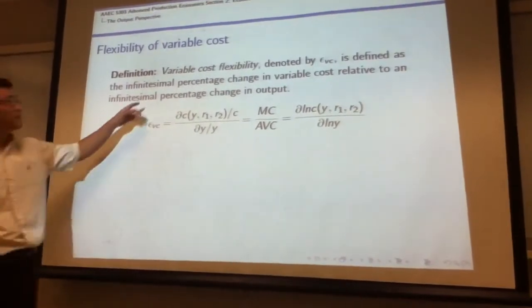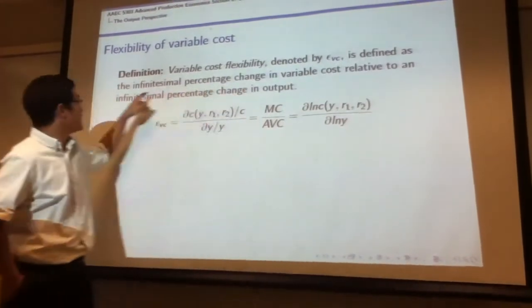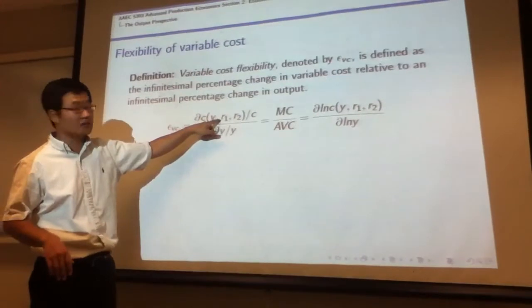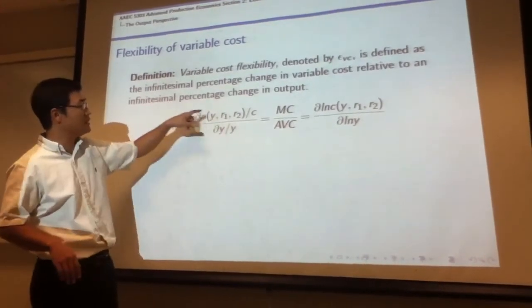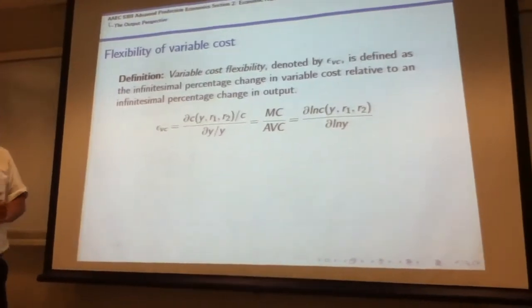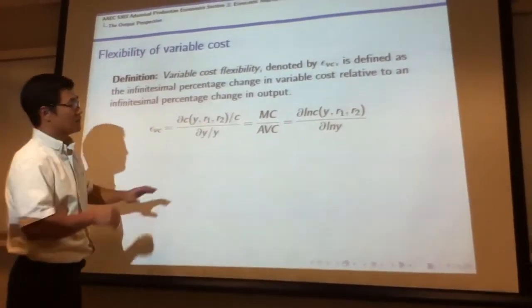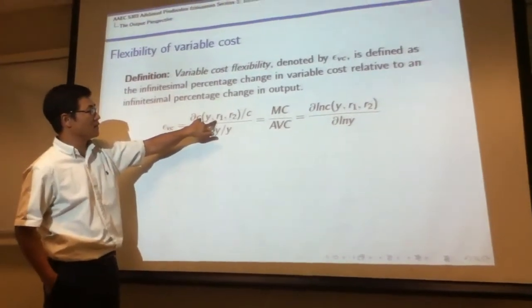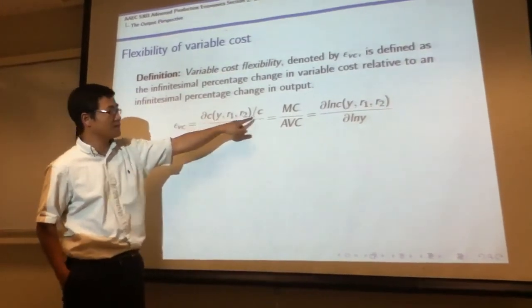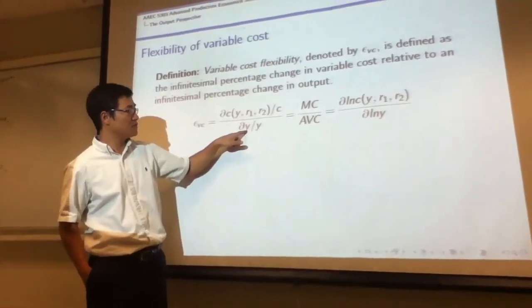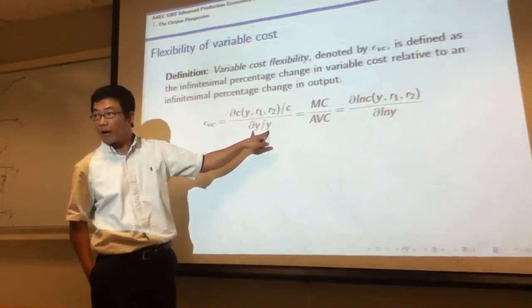By definition, it's defined as the infinitesimal percentage change in variable cost when I change my output by an infinitesimal percentage. So here's the marginal change in variable cost as a percentage of the variable cost in response to a percentage change in y.